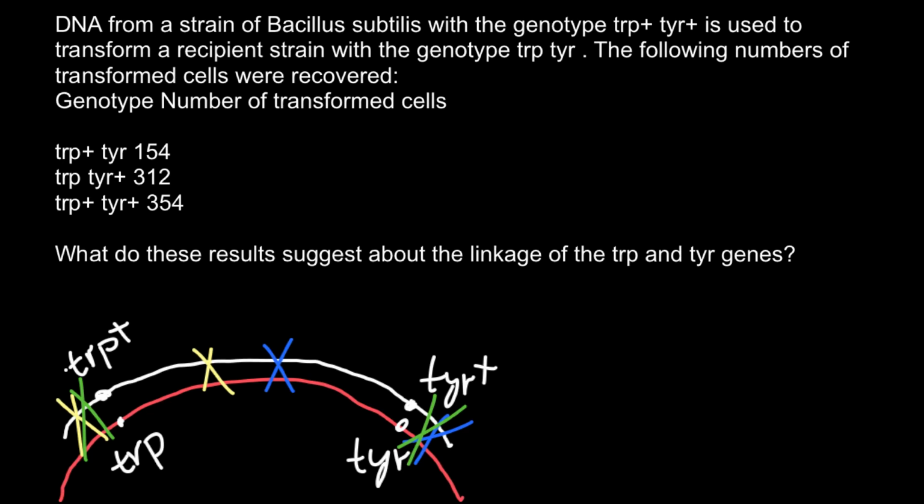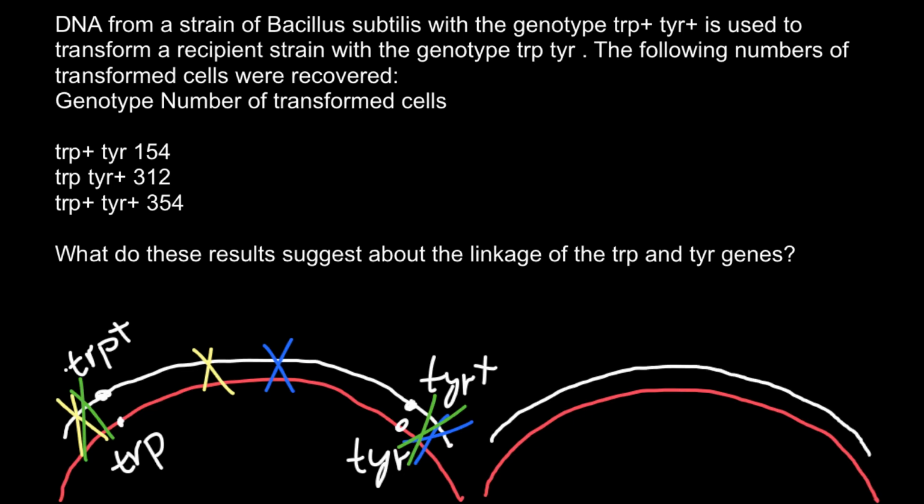But let's take a look at a different model. Once again, we have here the same genome of the bacteria. Here we have the same fragment that has been inserted by the bacteriophage, and we have here also tryptophan, so TRP positive here, and tyrosine positive here.